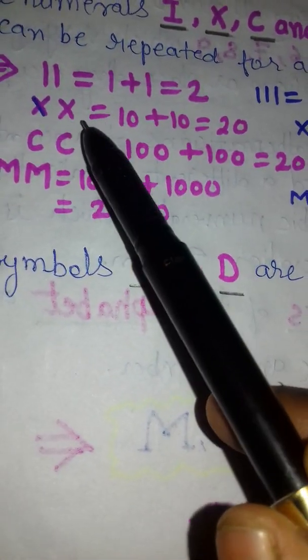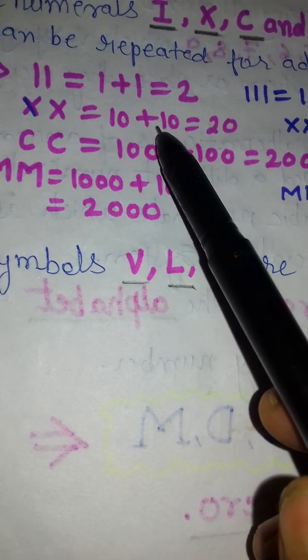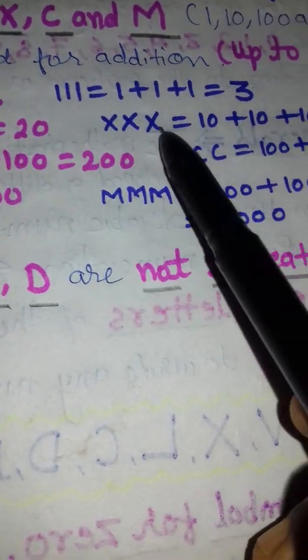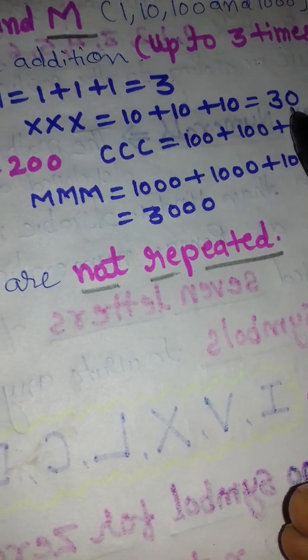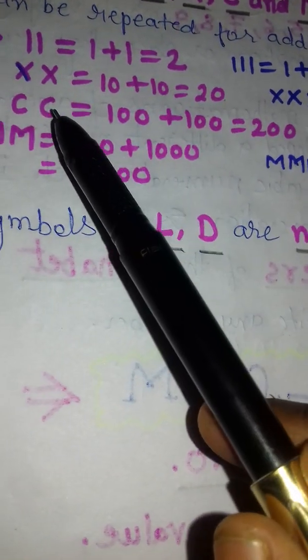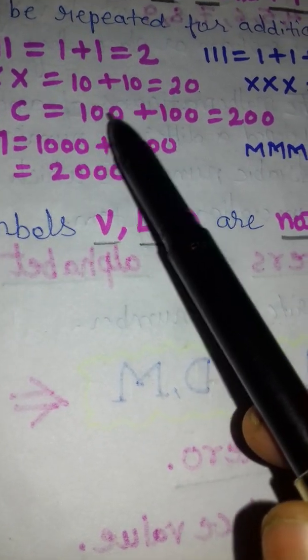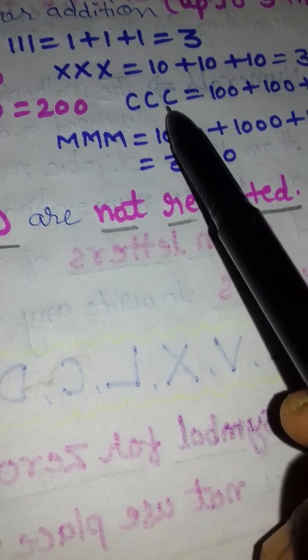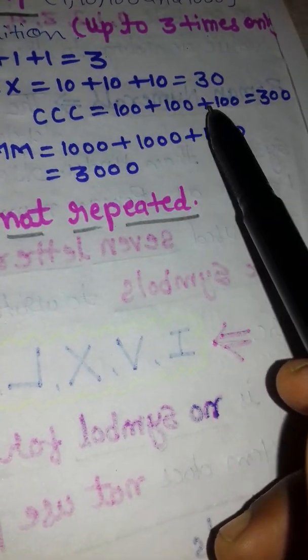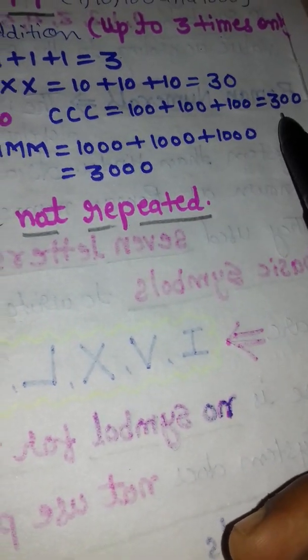Similarly, XX we can write 2 times: 10 plus 10 is equal to 20. We can write it 3 times: 10 plus 10 plus 10 is equal to 30. If we write C 2 times, 100 plus 100 is 200. If we write C 3 times, 100 plus 100 plus 100 is equal to 300.